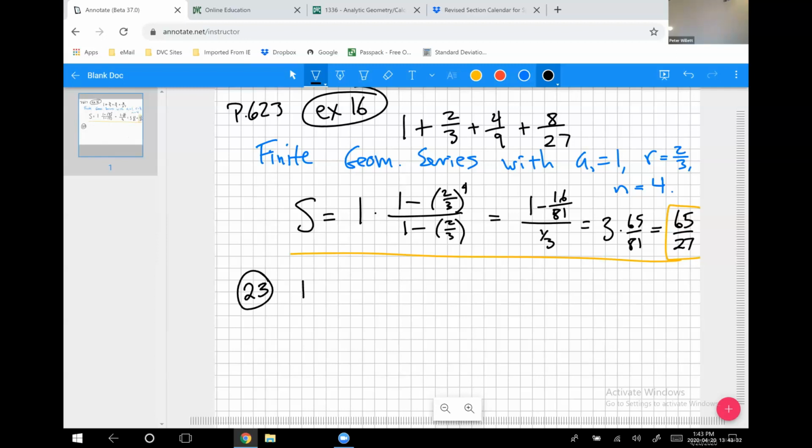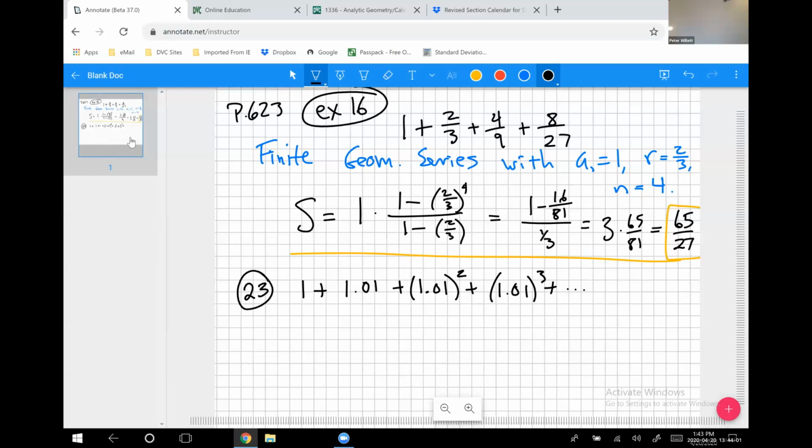It says 1 plus 1.01 plus 1.01 squared plus 1.01 cubed, and this goes on forever. So we want to evaluate or state that it diverges. Evaluate meaning determine the value of the series, or if it doesn't have a value, then state that it diverges.